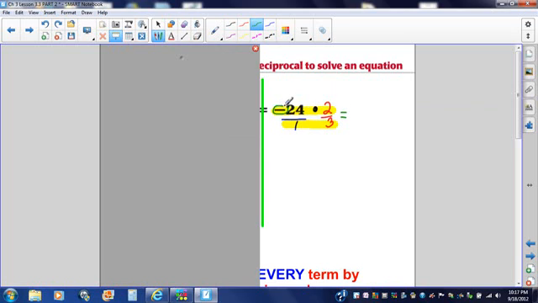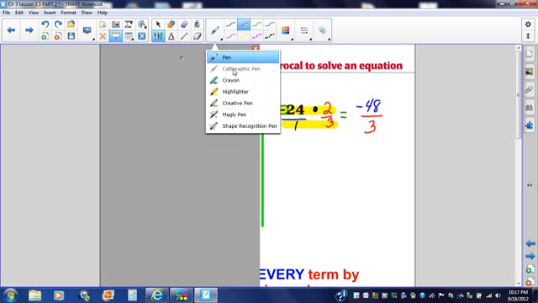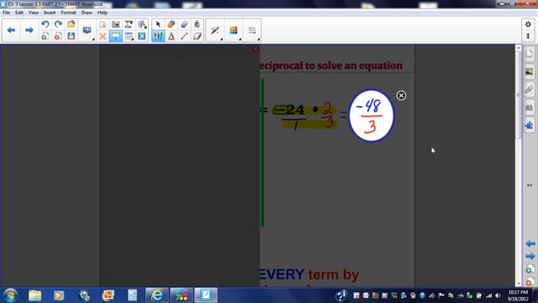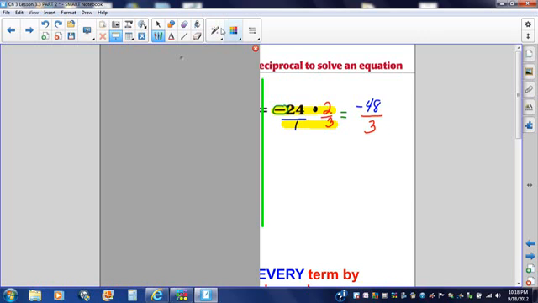A negative 24 times positive 2 will give us negative 48. 1 times 3 will give us 3. This means to divide. So take your calculator and do negative 48 divided by 3. Negative 48 divided by 3 will give you a negative 16.